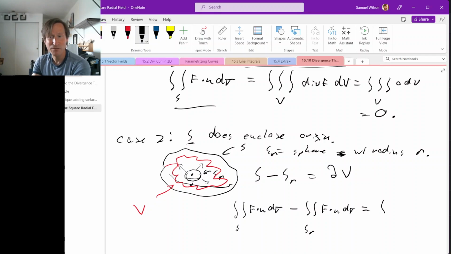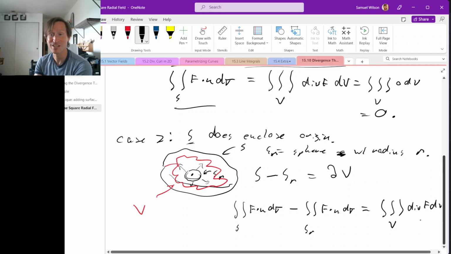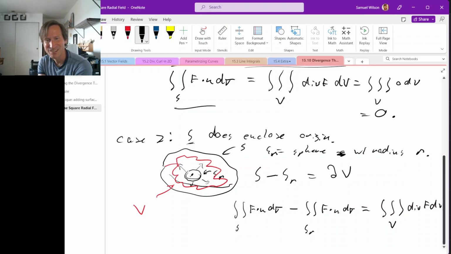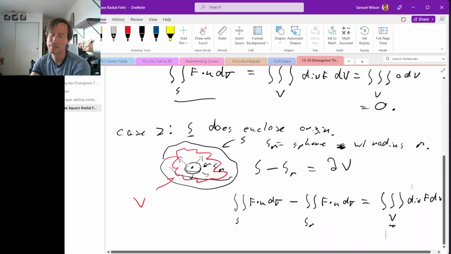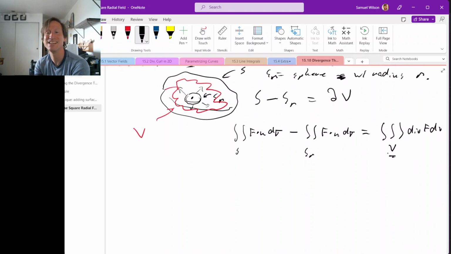Now we can use the divergence theorem over this volume. So now we're integrating over the volume the divergence of f. But remember that as long as we don't include the origin, the divergence of f is 0. And because we've surrounded the origin with this sphere, this volume doesn't contain the origin.